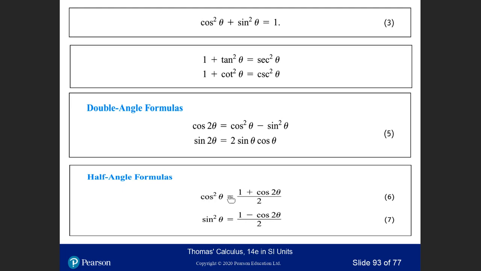You subtract 1, you have 2 cosine squared minus 1, which is cosine squared minus sine squared. So that's how we get this half-angle formula from the double angle formula. The same is true here, sine squared is equal to 1 minus cosine. Okay, so let's continue.